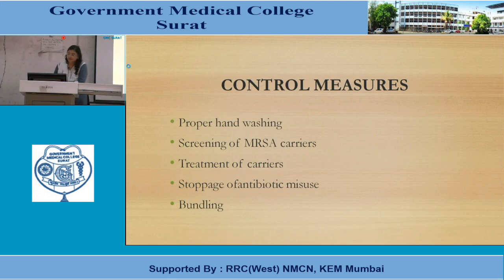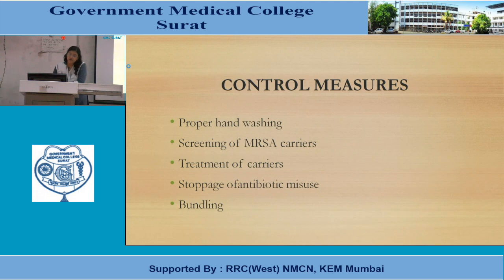So if there are MRSA, then we have to take control measures in the hospital. We can recommend these control measures if MRSA strains are found to be isolated from the wards or from the hospitals. Then most important control measure is proper hand washing.